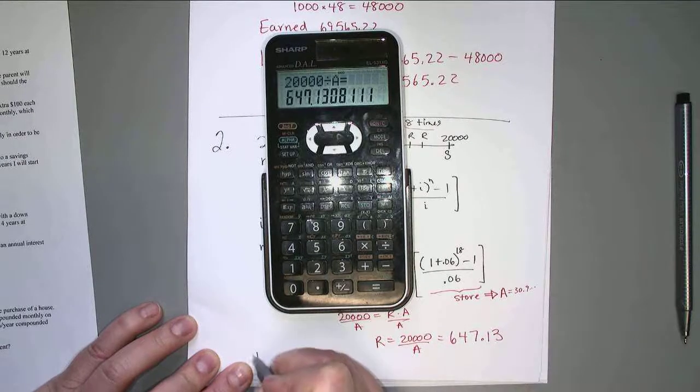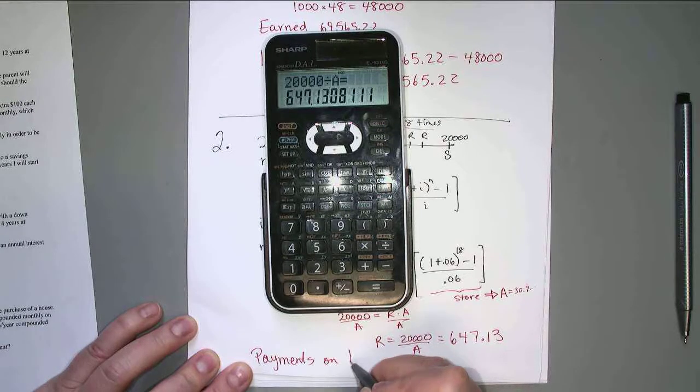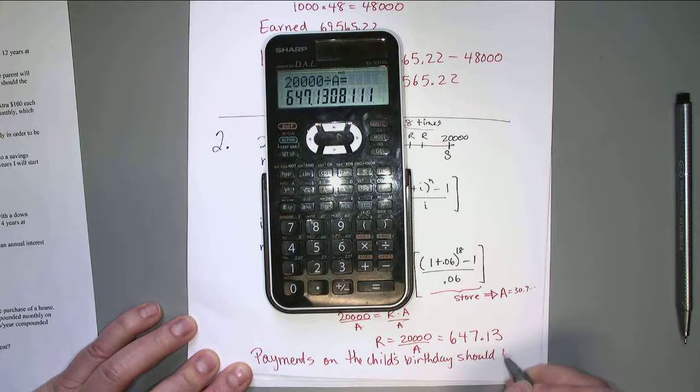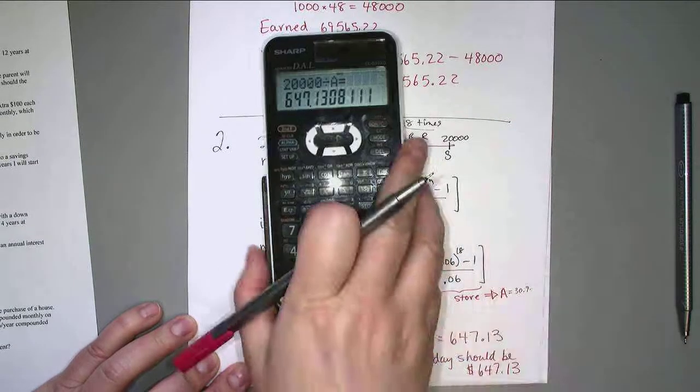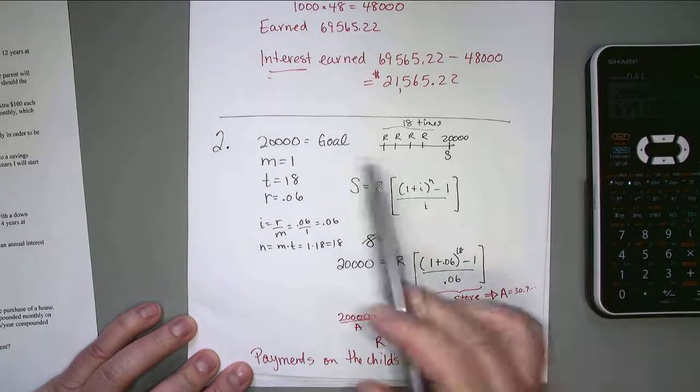So payments on the child's birthday should be 647.13. And if they deposited that 18 times, it will grow to 20,000.